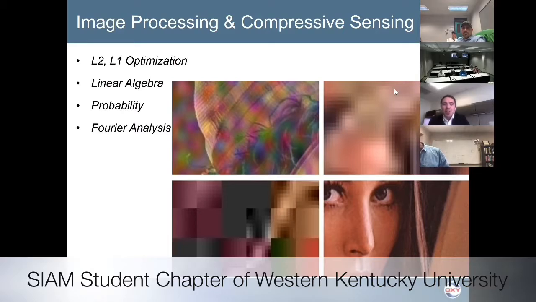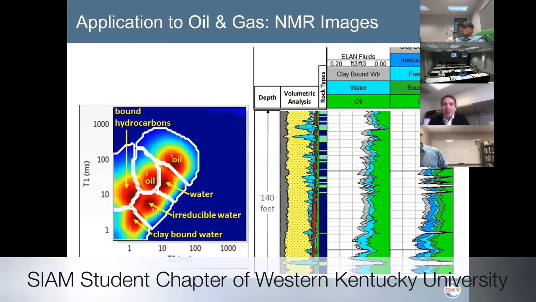how we do image processing. For example, we have a nuclear magnetic resonance image of the subsurface at a certain depth, and this picture on the left, you see it's called T1, T2 map.